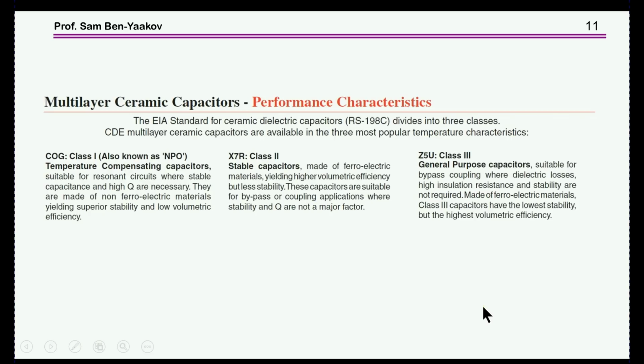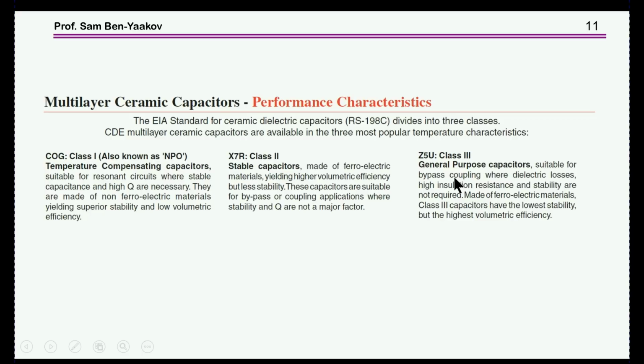Okay. So here again are the classes: COG, the class 1; X7R, representative of the class 2; Z5U, representative of a class C. Class 3 is also ferroelectric. It's a lower grade, that's for the poor man's application.